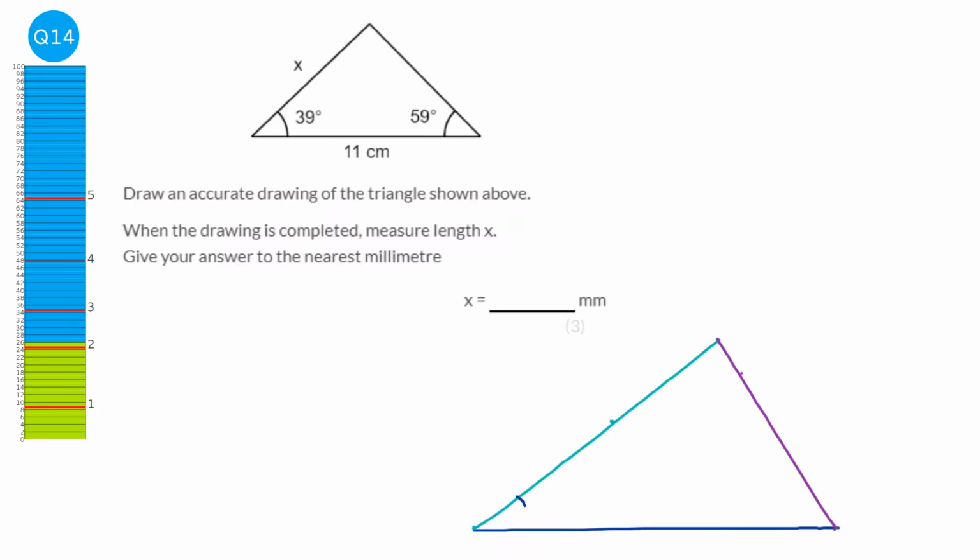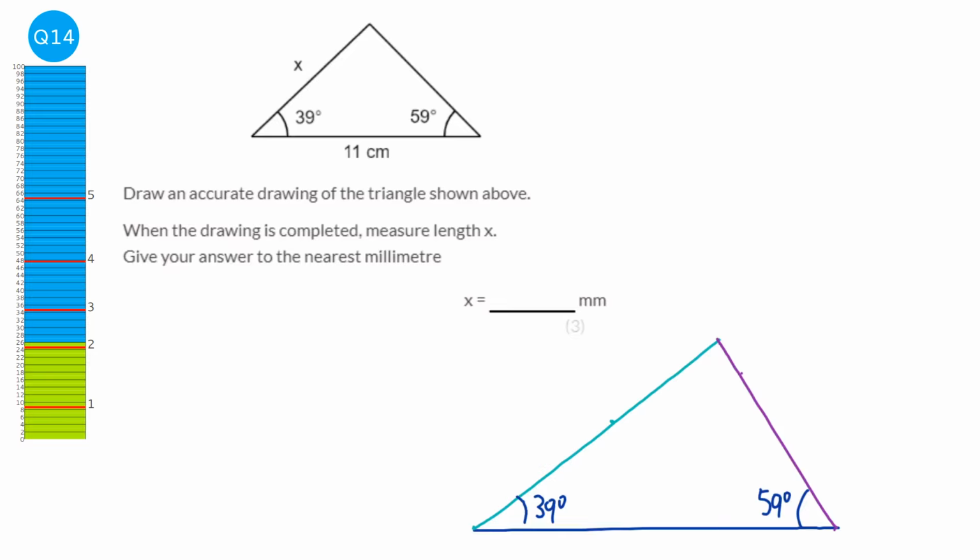And so this is our 39 degrees here, and you don't need to label this on the diagram, but just so we know what we're doing. And it says when it's completed, measure length x. So I'm going to get my ruler out and I'm going to measure this length here, and it is about 95 millimeters.